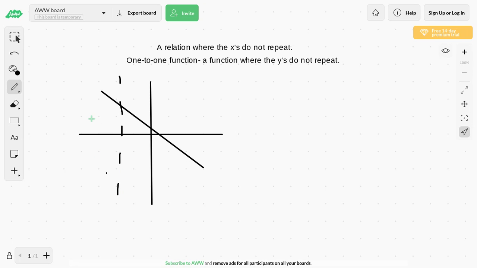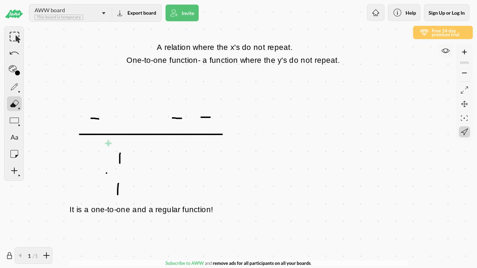And then you do your horizontal line test, and look at that, it only crosses it once. So that means it is a 1-to-1 and a regular function. Okay. So that's all good and well.